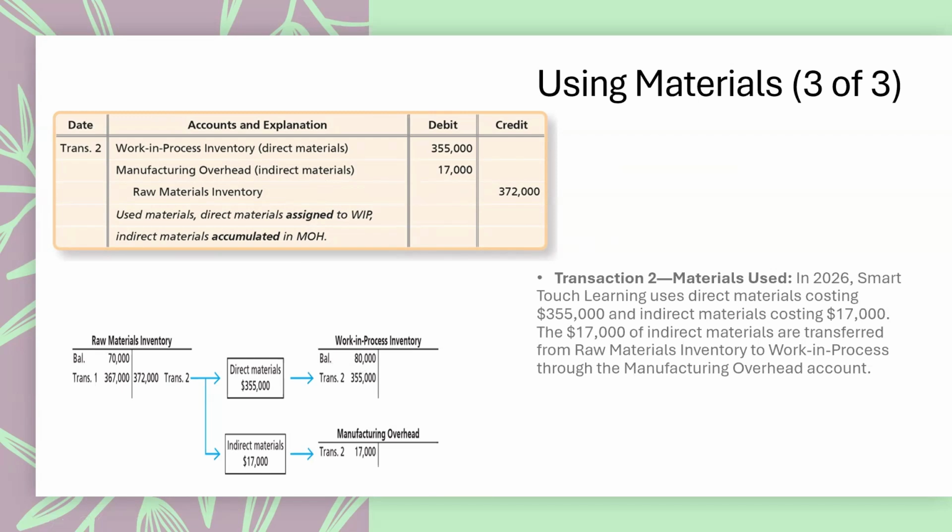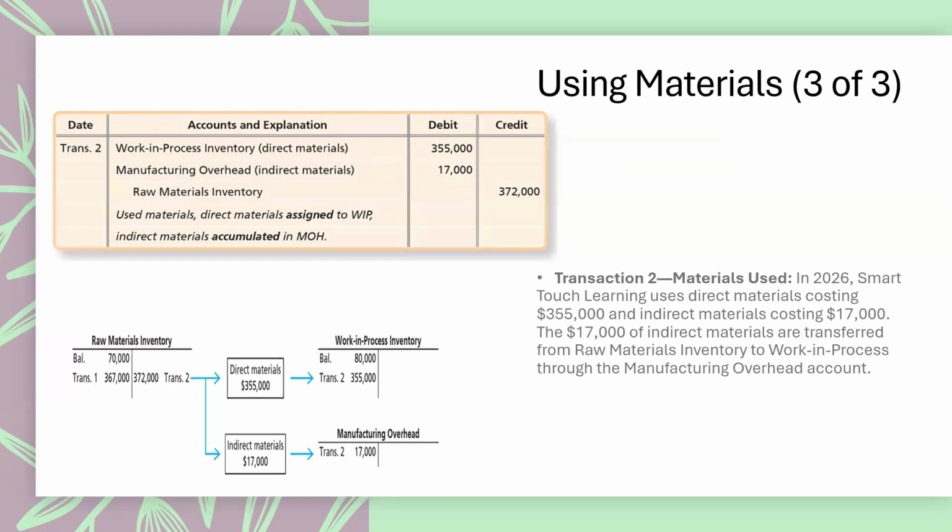To record the use of direct materials, the cost of direct materials is transferred out of raw materials inventory and assigned to work in process inventory. The amount debited to work in process inventory is the total of the individual job cost records.